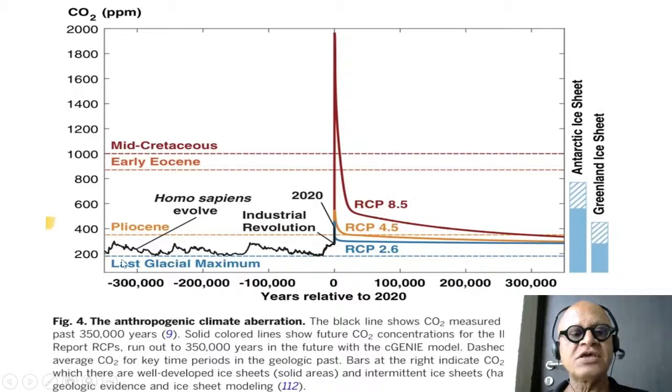So if you look at the CO2 variability that we have been looking at from the Vostok ice core and beyond, Homo sapiens evolved around here with CO2 of around 280 or less, and the Industrial Revolution has kicked us into this steroid-charged acceleration going beyond anything we have seen recently.